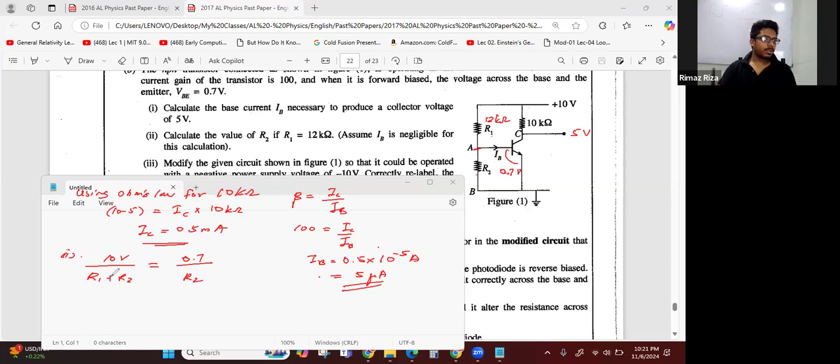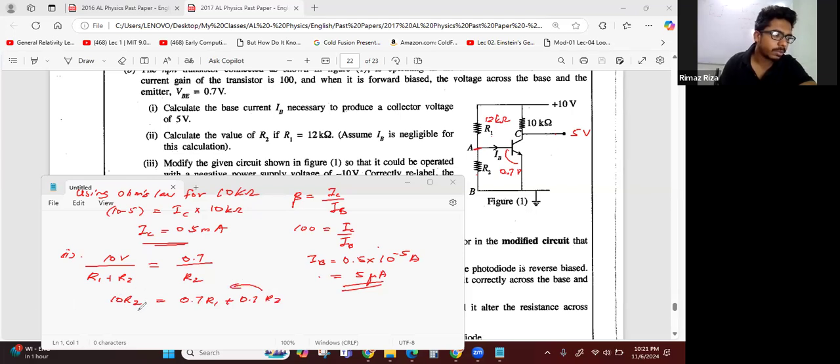Okay. So then we want to find the value of R2. We can do cross multiplication. 10 R2 equals 0.7 R1 plus 0.7 R2. So we can take this to the other side.